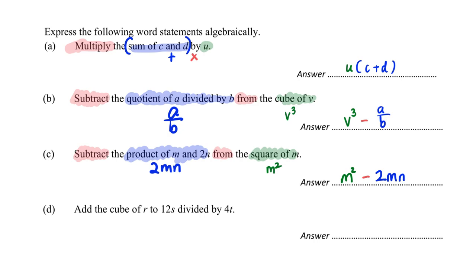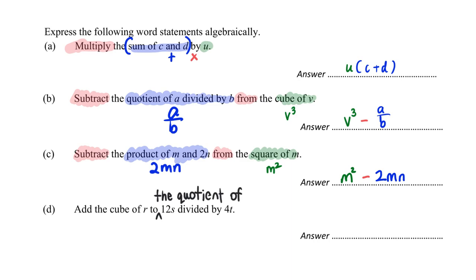And we move on to the last part. For the last part, do take note, I'm going to add in a word. Add the cube of R to the quotient of 12s divided by 4t.